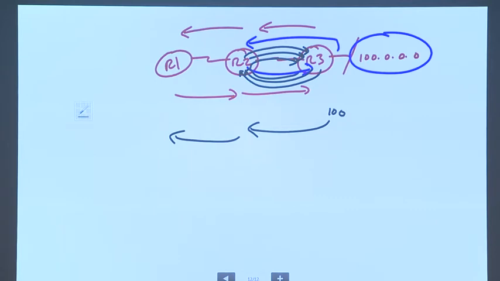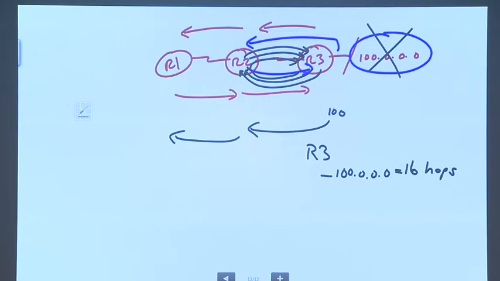Now, in the RIP routing protocol, the maximum number of hops I can have is 15 hops. So if R3 is told that this is no longer available, what R3 can say is, in its routing table, the 100 network is 16 hops away.